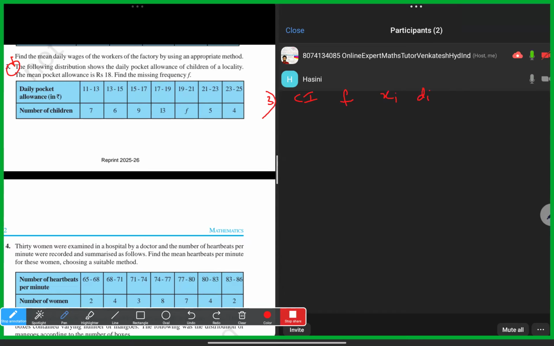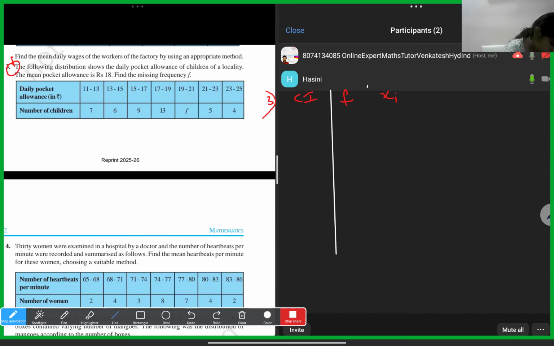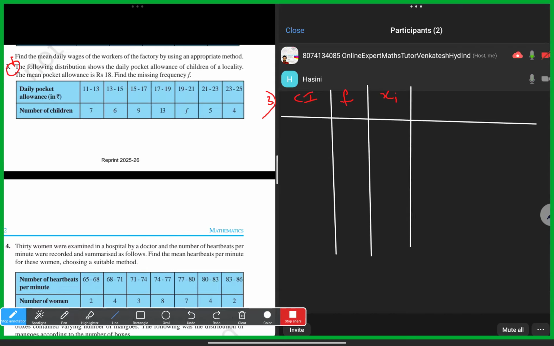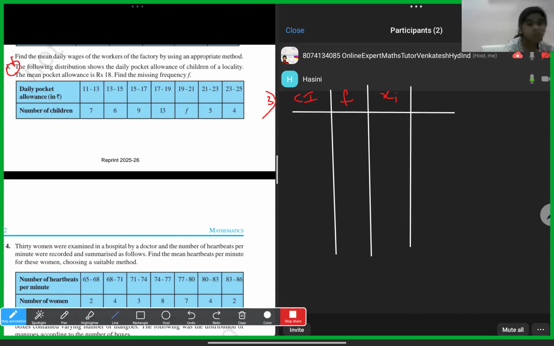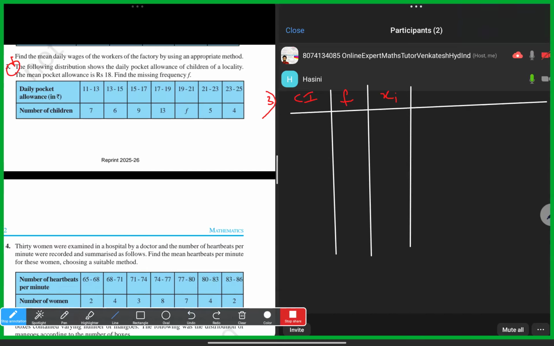Depending on our values, we'll see whether we go to di or not. So first the class interval, if I draw the columns clearly.